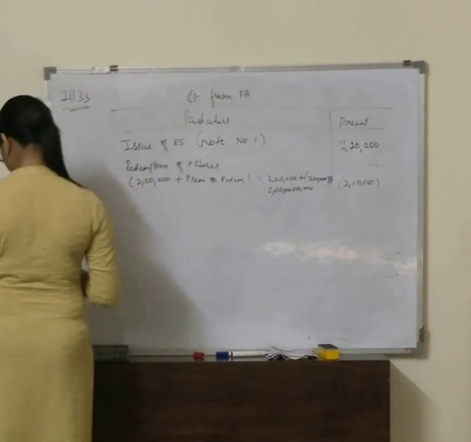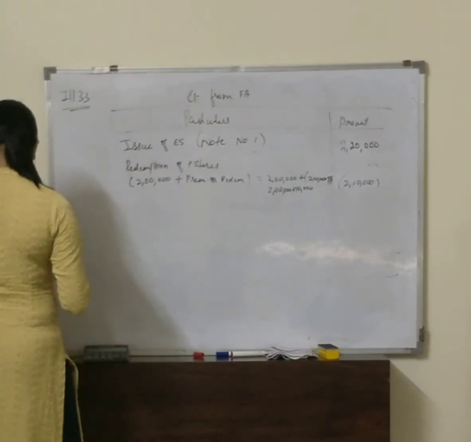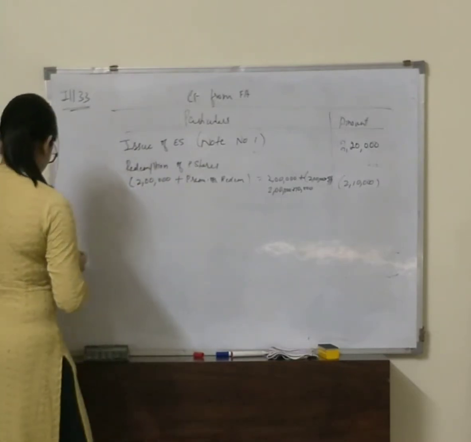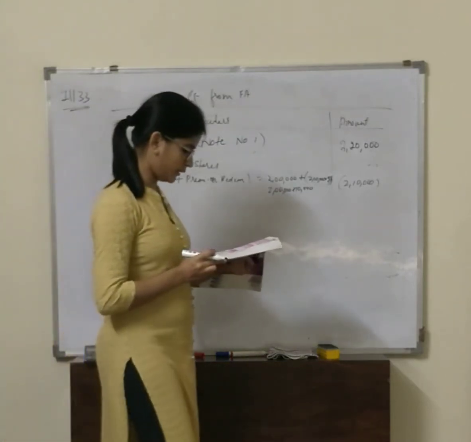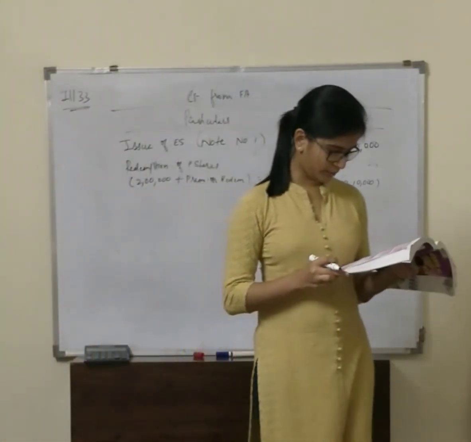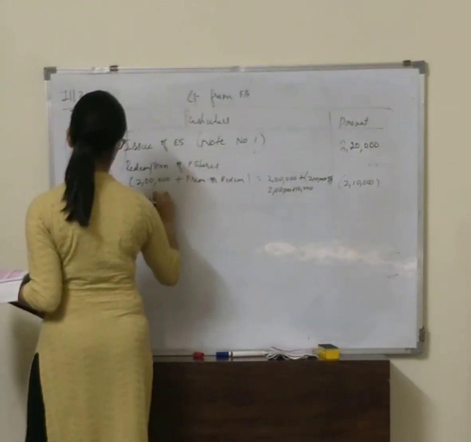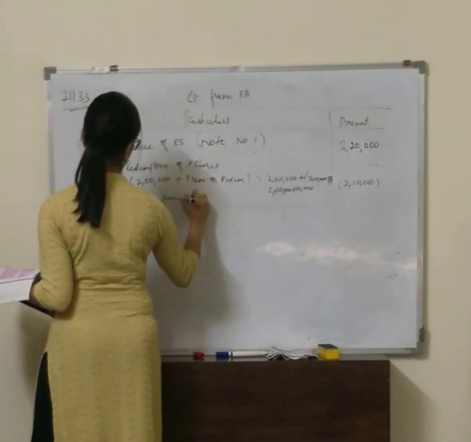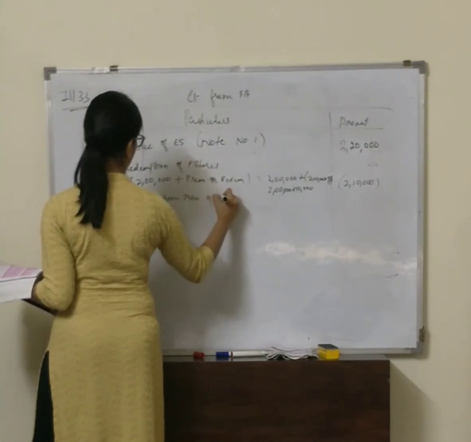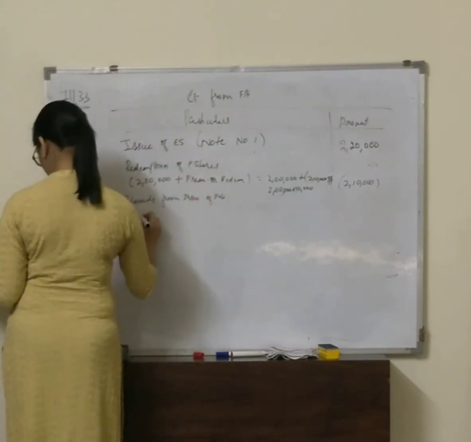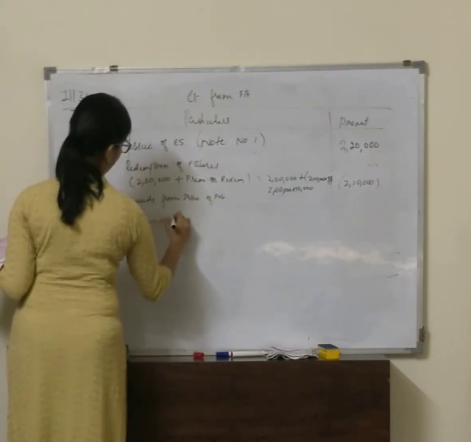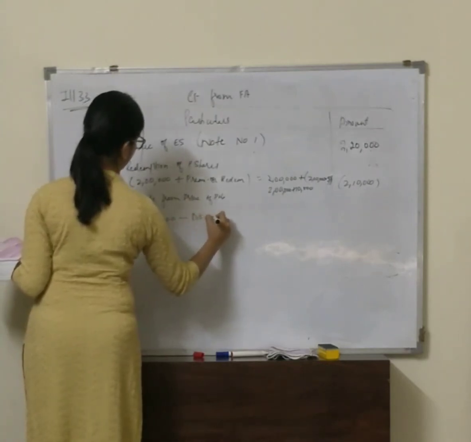Next we have 14% debentures issued at a discount of 1%. Last year there were no debentures, but this time there is 1 lakh of debentures. So again there is proceeds from issue of debentures. Again in the bracket, what's the amount? 1 lakh minus discount on debentures.